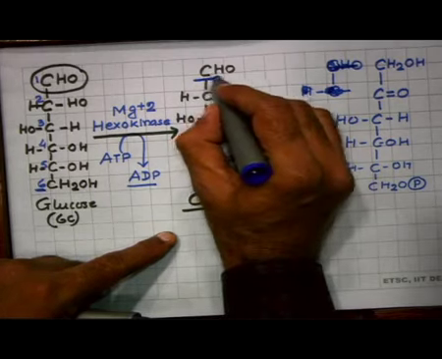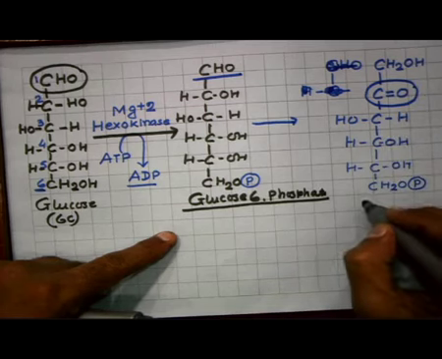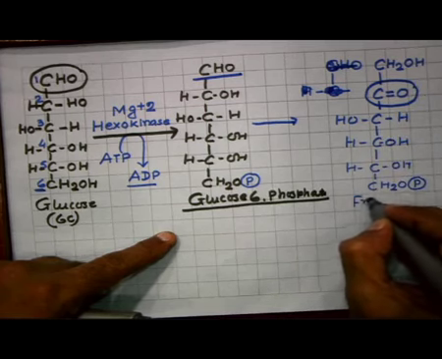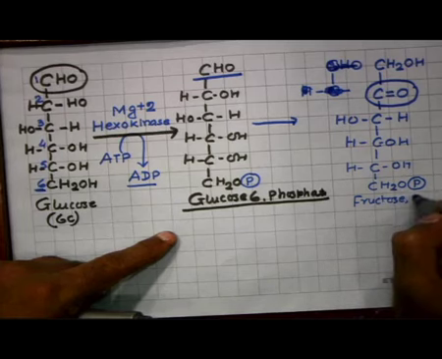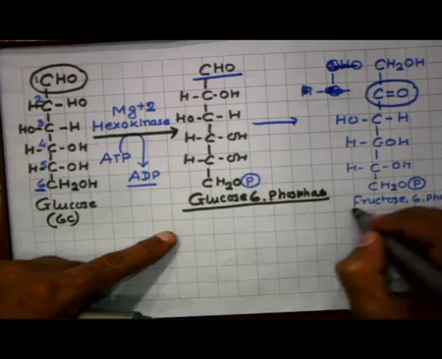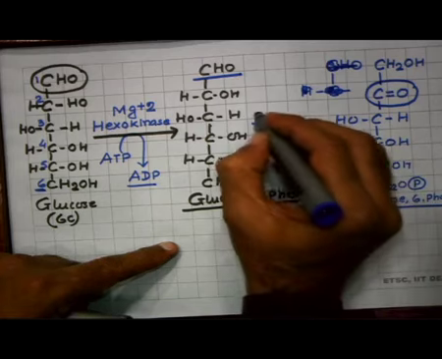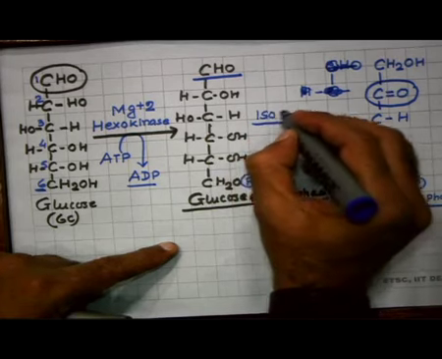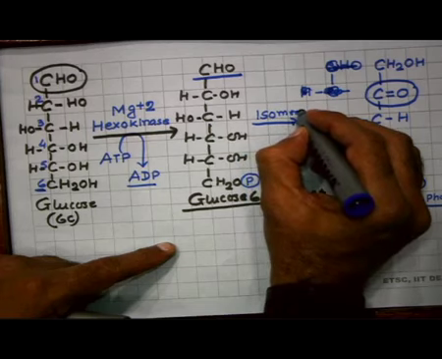The conversion of aldehyde into the ketonic form. So, the structure will change glucose into fructose 6 phosphate. This reaction is called isomerization. Isomerization takes place, and the enzyme involved is isomerase.